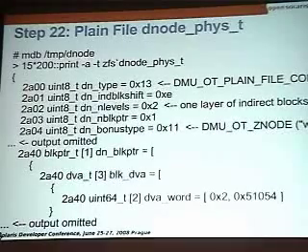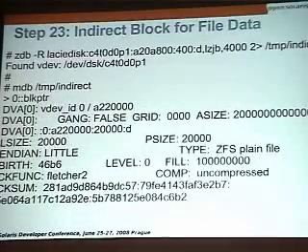The user-dict words file is 266,367 bytes or something like that, so it's larger than 128K. So we have one level of indirection. I dump out the block pointer at 2A40 and dump out the first block.